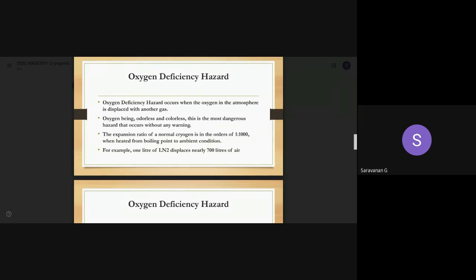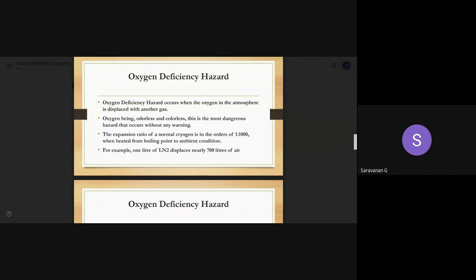Similarly, the expansion is in the order of 1:1000 when boiling at atmospheric conditions. For example, 1 liter of liquid nitrogen displaces nearly 700 liters of air, depending on the percentage availability.